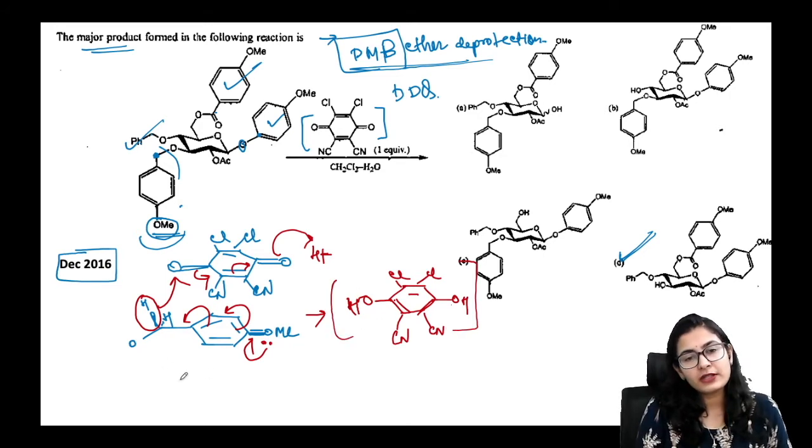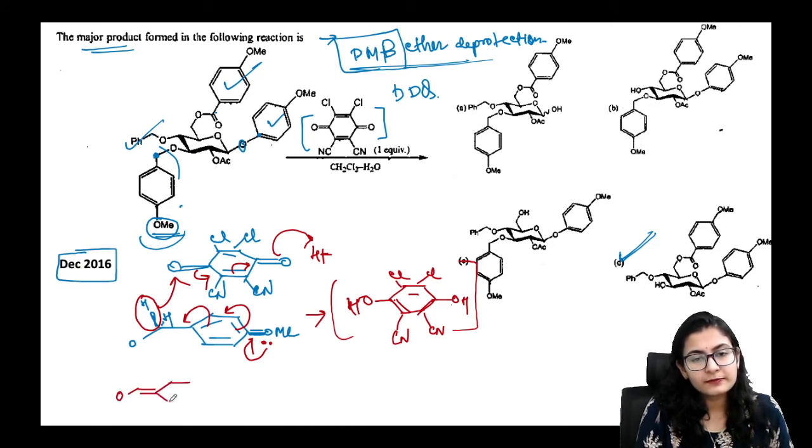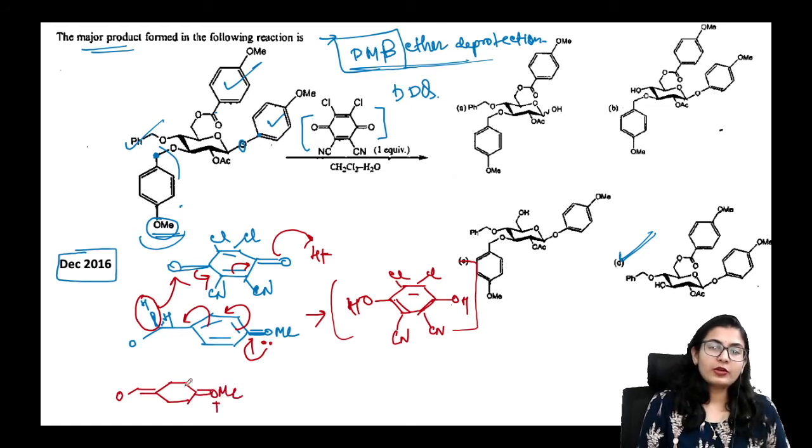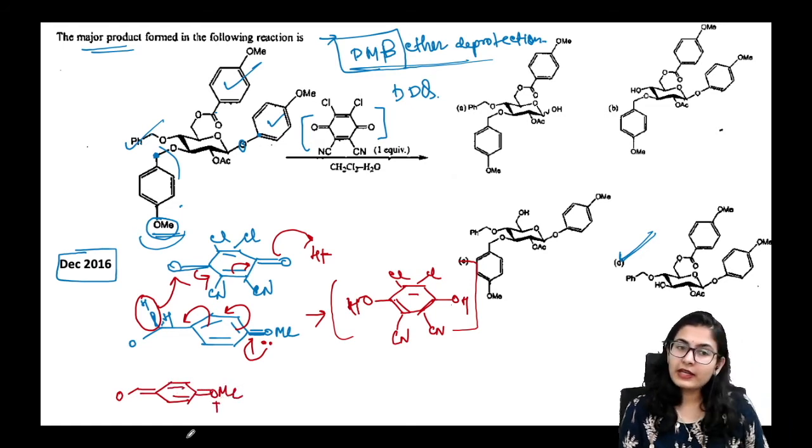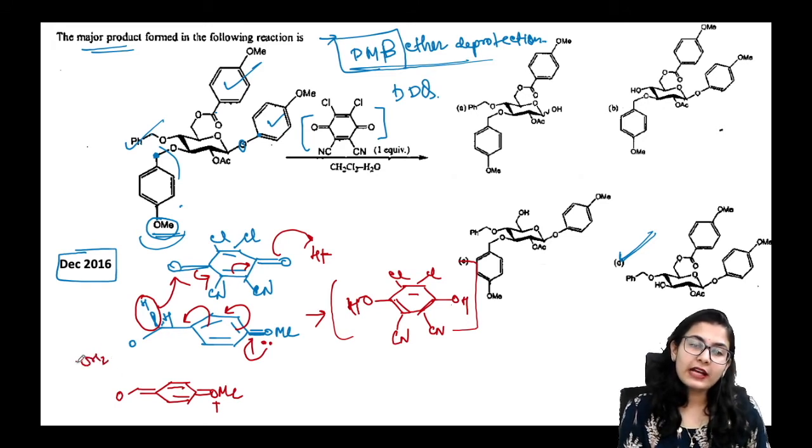What happens with this one? You see, it is going to become like this, a double bond. Okay, one more double bond, OMe over here. So this is what you get, right? Now water is going to attack on this molecule. Water is present over here, guys.